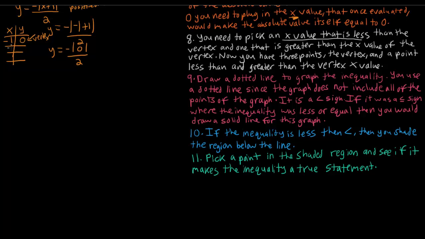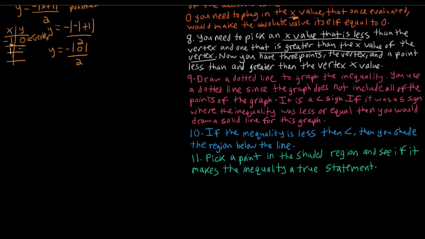So we need an x value that's less than negative 1, and then we need an x value that's greater than the x value of the vertex. So we need a value that's greater than negative 1 and one that's less than negative 1. And we need to plug that in. So what's greater than negative 1? Well, how about 1?